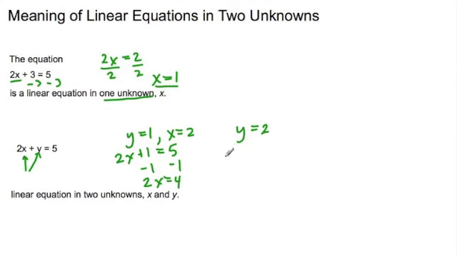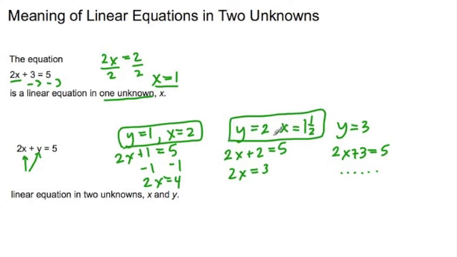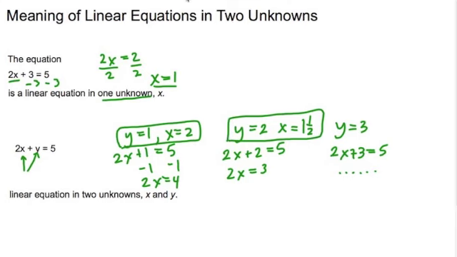If y equals 2, then I have 2x plus 2 equals 5, 2x equals 3, and x equals 1.5. Well, I could also say, what if y equals 3? Then I get 2x plus 3 equals 5, so on and so forth. So what we can see is that there are many different solutions to a linear equation in two unknowns. There's more than one, and there's a reason for that.